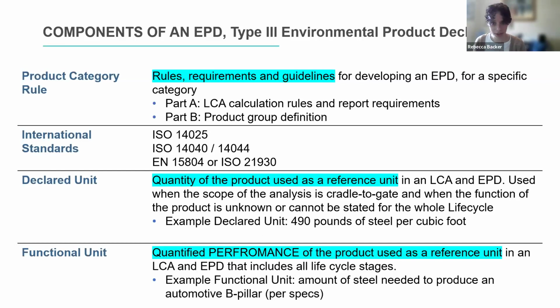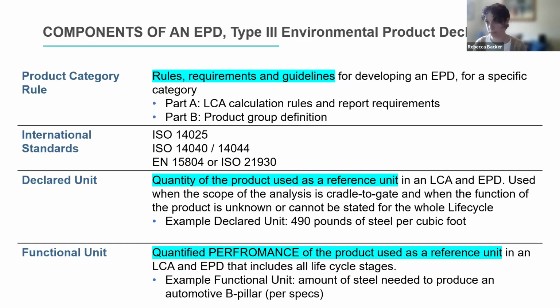Just to reiterate, because there are so many terms right now, LCA practitioners are the ones who build the model, the life cycle assessment. Program operators are the ones who verify them and are also the ones who lead the group in developing PCRs and verify the PCRs as well.